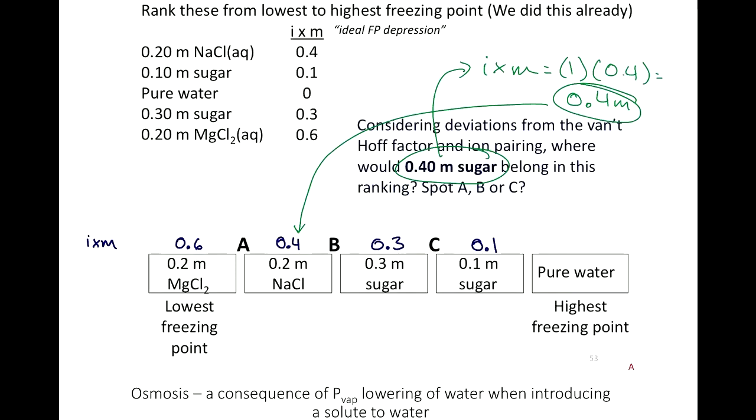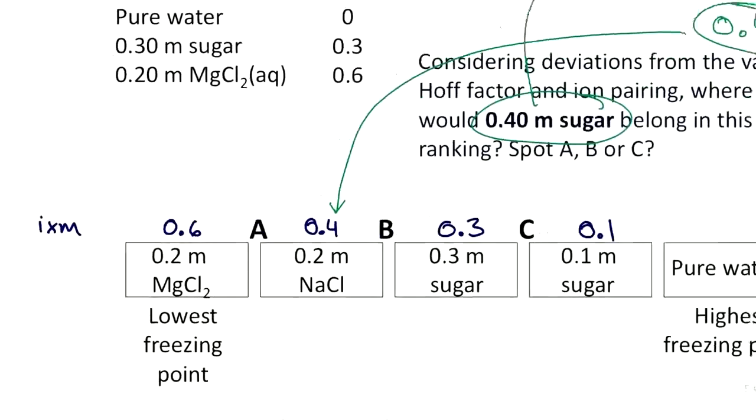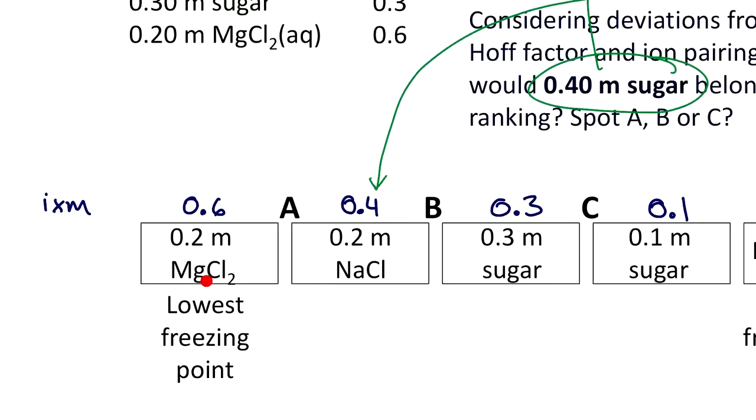So let's apply our idea of ion pairing to this question. With the idea of ion pairing and deviations from the Van 't Hoff factor, is magnesium chloride's I times M product exactly 0.6? No. Is it going to be slightly higher or lower? Lower, yes. Okay. What about NaCl? Is it actually going to be 0.4? Nope, it's going to be slightly lower than 0.4.